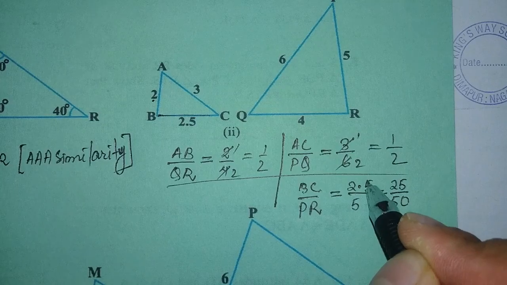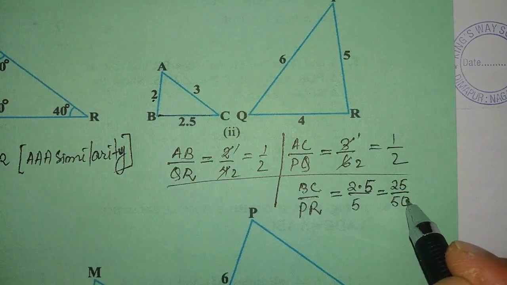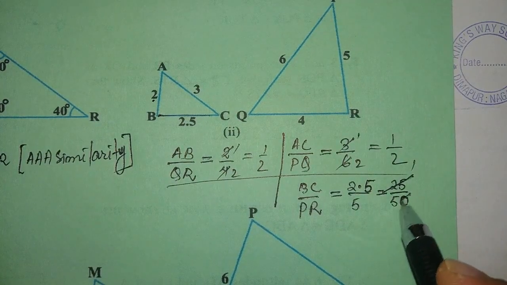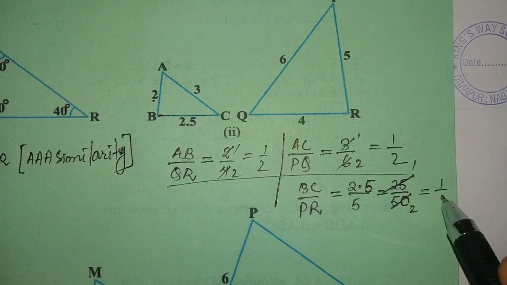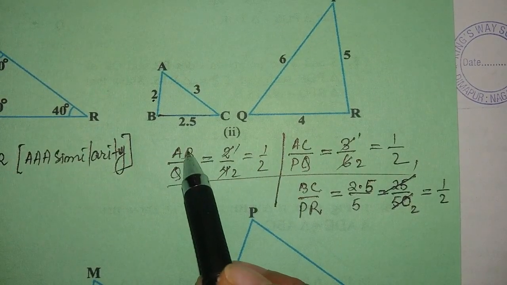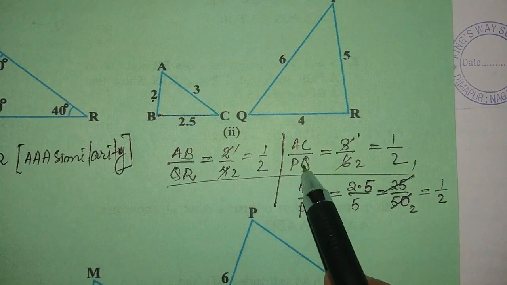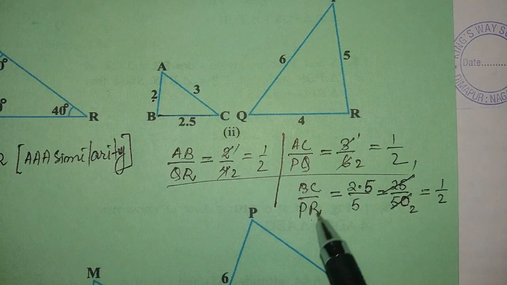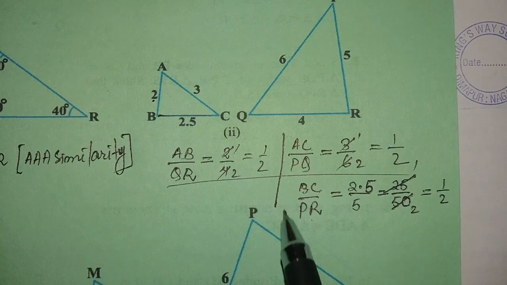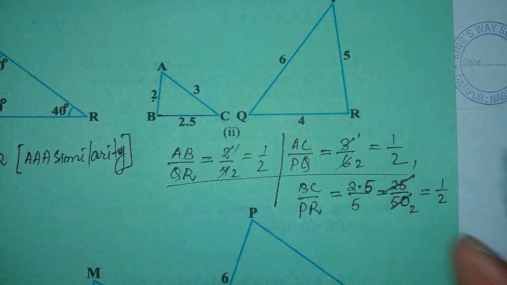After this decimal point there is 1 digit, so because of that we have written here 10. Now this gives us 1 by 2. Now here we found that the ratio of these sides are all 1 by 2, 1 by 2, 1 by 2, which means they are equal. So we will say that the two triangles are similar.